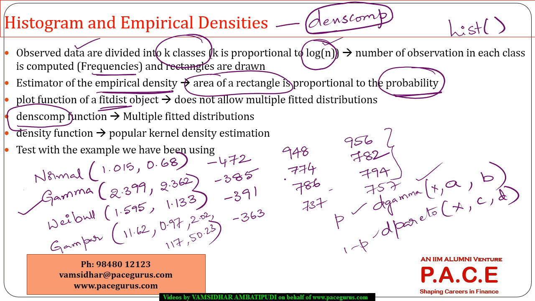So these four, now I'll use the other evaluation mechanisms as well for a typical comparison. Now I have fitted all these distributions. I have got the shape parameter, the rate parameters, different parameters associated with each of these distributions.